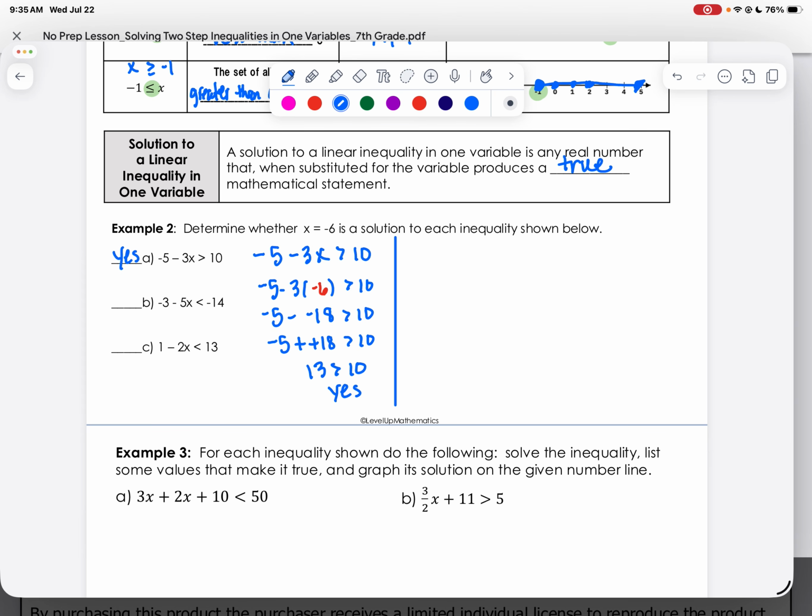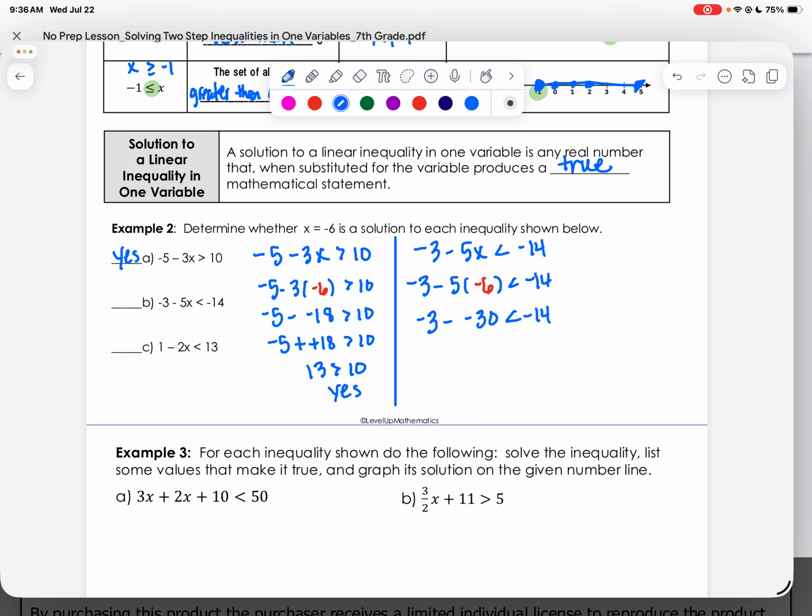All right, let's see if it's a solution to the second inequality. -3 minus 5x is less than -14. Replace the x with parentheses and plug in the -6. Now we'll evaluate this. -3 minus 5 times -6 is -30.